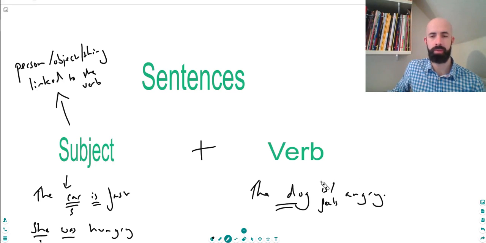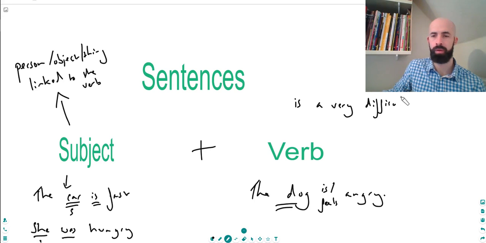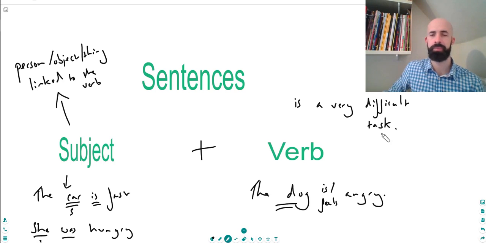Let me give you another example. I'll do it just above here. Okay, is a very difficult task. Is this a full sentence? Is a very difficult task. Again, no, it's not a full sentence.